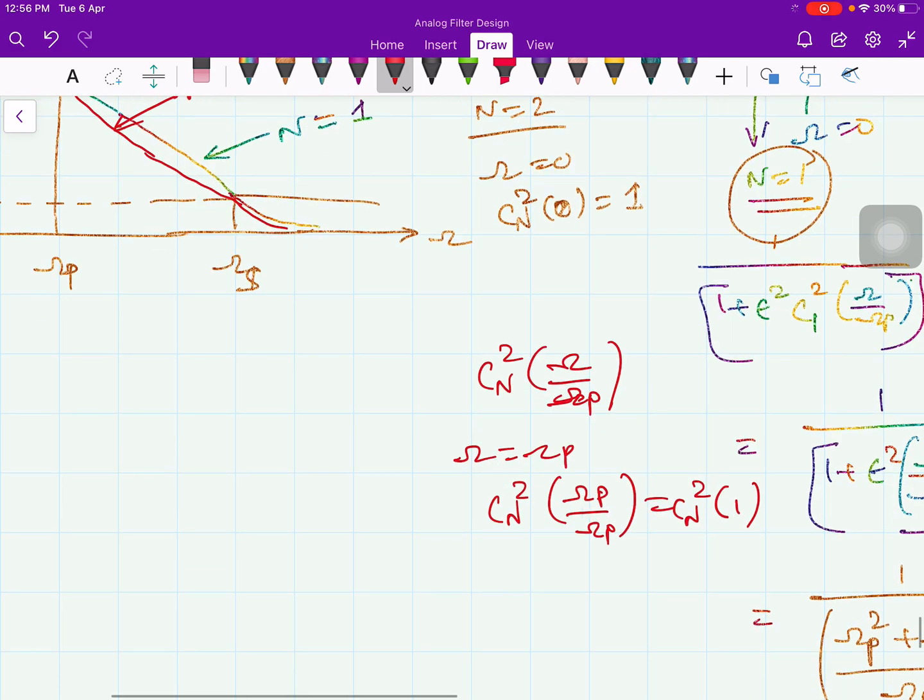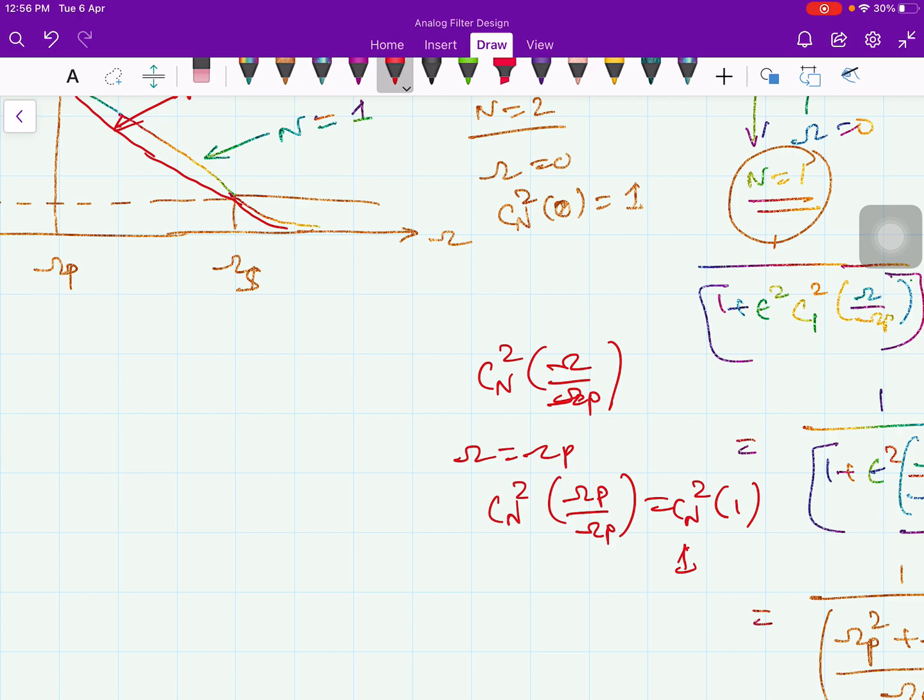Cn squared of 1 is always 1, because Cn of 1 can be plus 1 or minus 1, right? Cn of minus 1 can be plus 1 or minus 1, but Cn square of 1 is always plus 1.